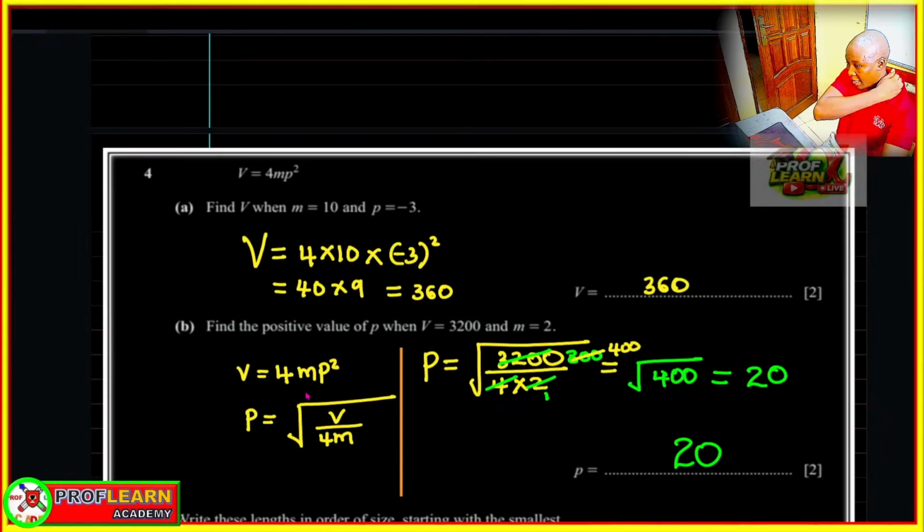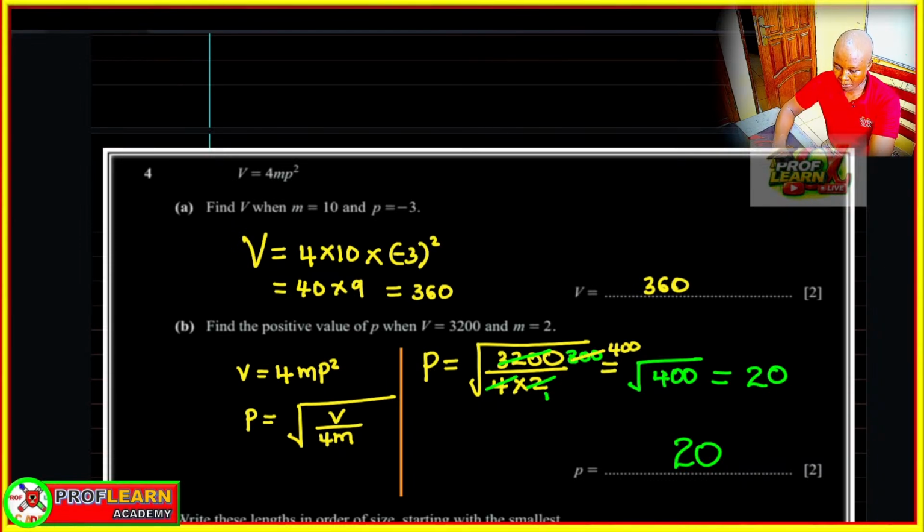Question 4, as you are preparing for these exams, make sure you know how to use substitution. You may be given questions like this and then you are told to substitute and get the value. For instance, we are given the formula V is equals to 4mp squared. Then you are supposed to find V when m is 10 and p is -3. What you are supposed to remember is that whenever you are squaring a number, if it was negative, it becomes positive.